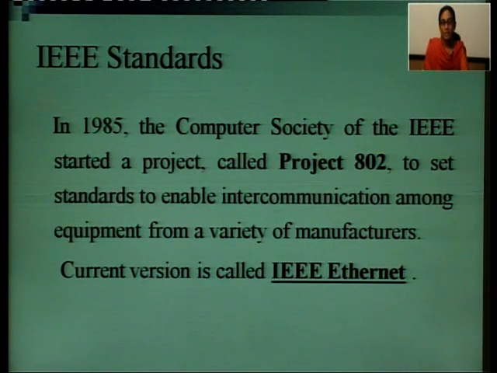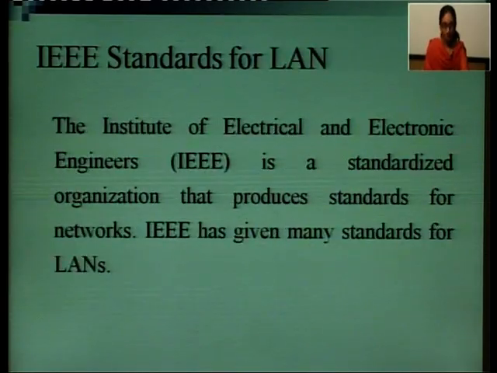IEEE is the Institute of Electrical and Electronics Engineers, and it also gives standards. In 1985, the Computer Society of IEEE started Project 802, to set the standards to enable intercommunication among equipment from a variety of manufacturers. So we can say Ethernet is an IEEE standard defined in Project 802.